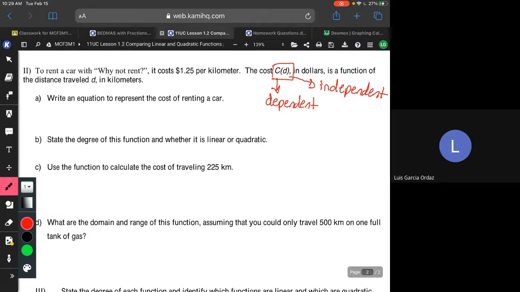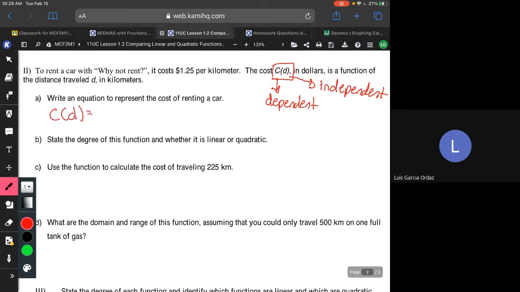Yes, Emma? How do we know what's dependent on what? So in this case, we have cost and we have distance. Does the cost depend on the distance or does the distance depend on the cost? That's how you would read it. So in this case, my left side is going to be C of D.